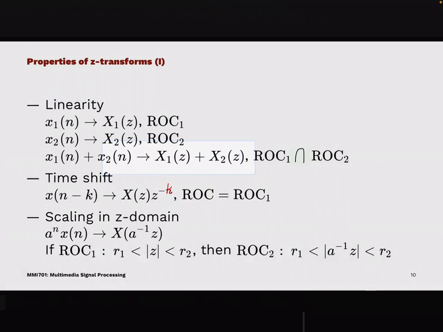So if the original region of convergence was a ring between two radii R1 and R2, then the region of convergence for the scaled signal would be R1 less than absolute value of a to the power minus 1 z less than R2. Okay, so this is scaling in Z domain.